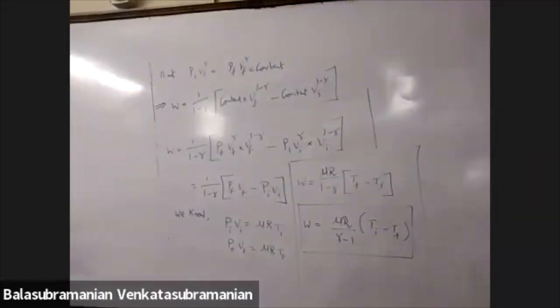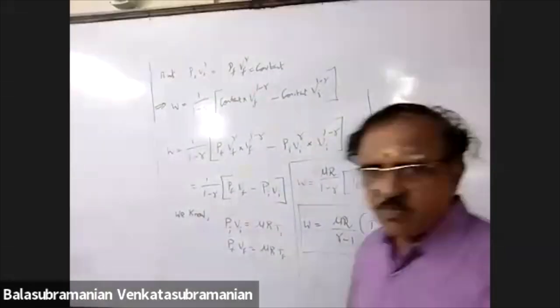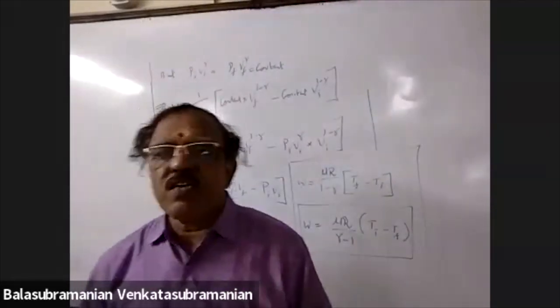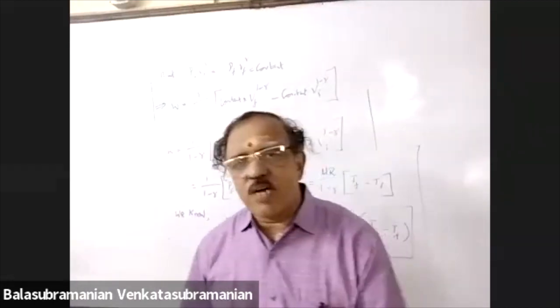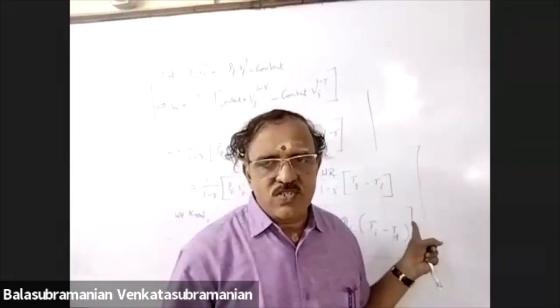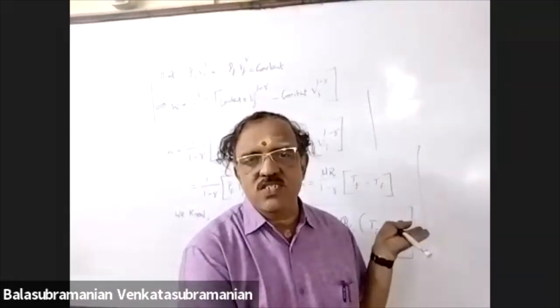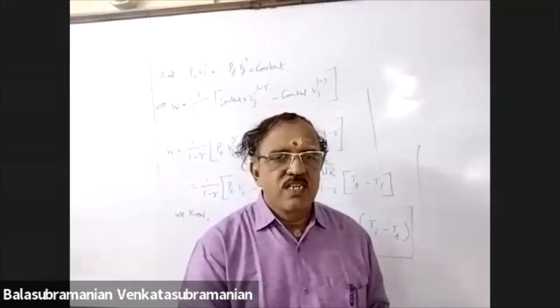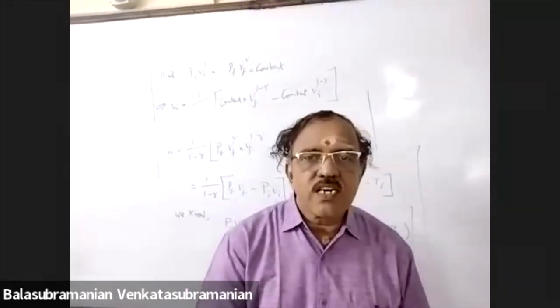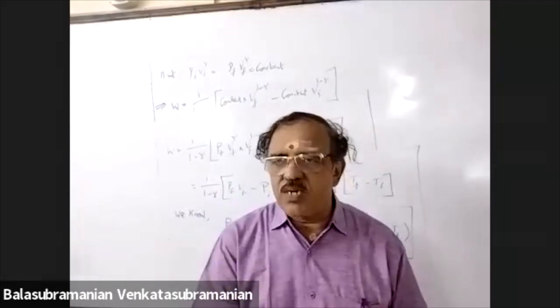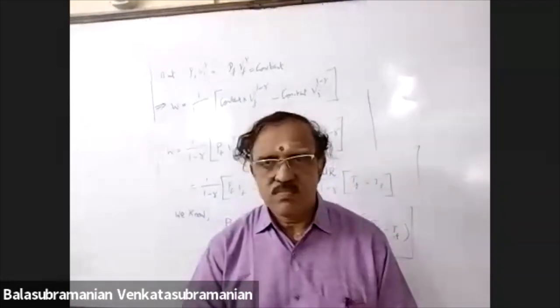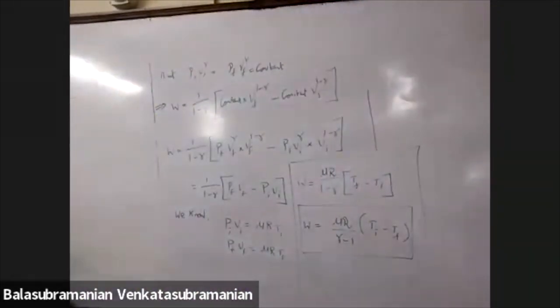This is work done by adiabatic. Slightly lengthier, but simple. The main difference between isothermal and adiabatic, from the equations, is that temperature is not a constant. Temperature is a variable. Correct? Fine. Next.